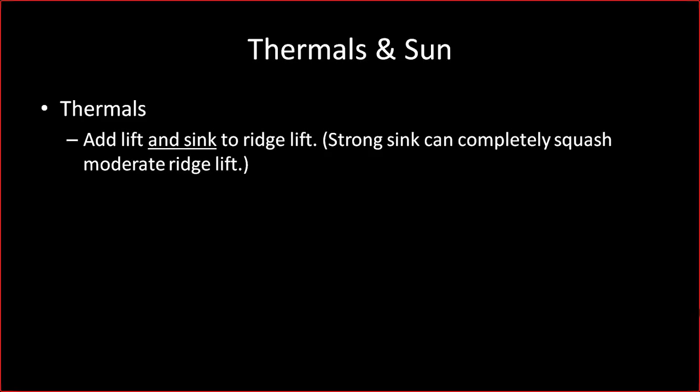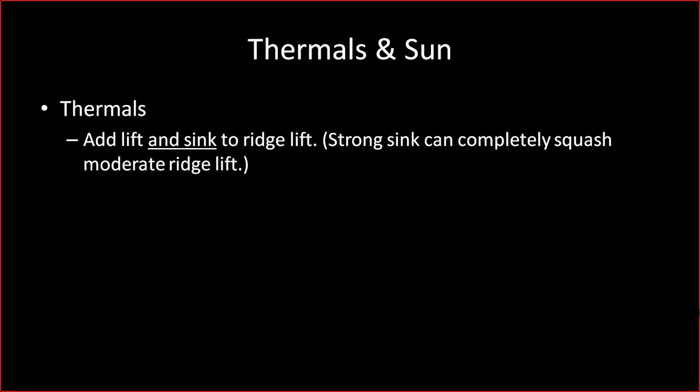Thermals can be spawned right there on the upwind side of the ridge, and they can be stationary source types or drifting source types. Either way, in simple terms, the thermal adds to the ridge lift.